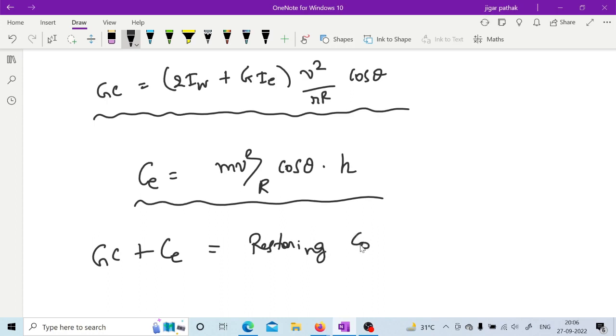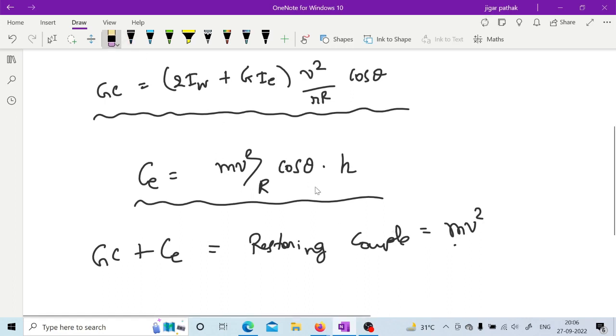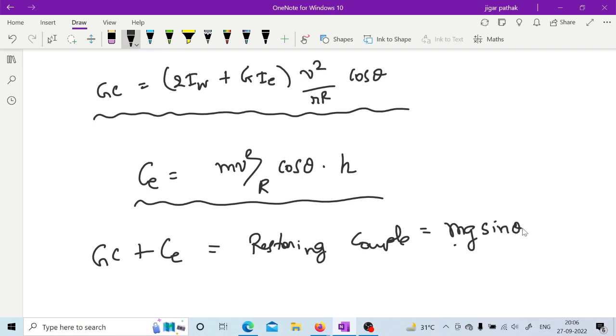This restoring couple will try to keep the vehicle in position and avoid skidding, and that component will be m g sin theta, the force, into the distance h.